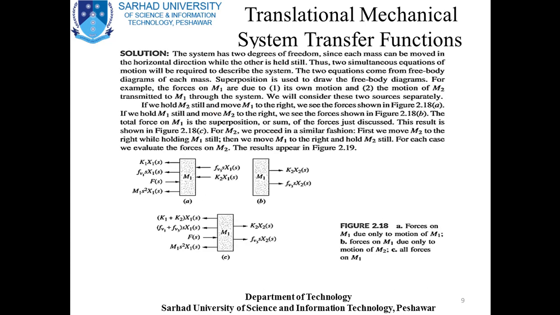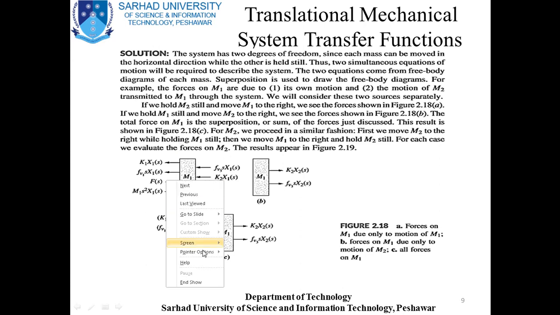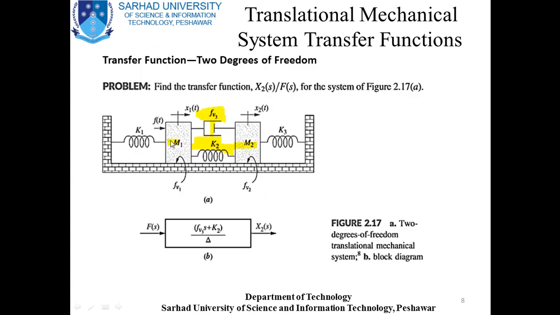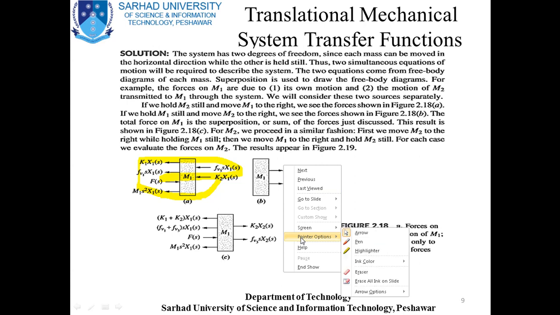So let's say if we hold M2 and move M1 to the right, these will be the forces acting on M1, as shown in this diagram. But if we hold M1 and move M2 to the right, these forces will be acting on M1.